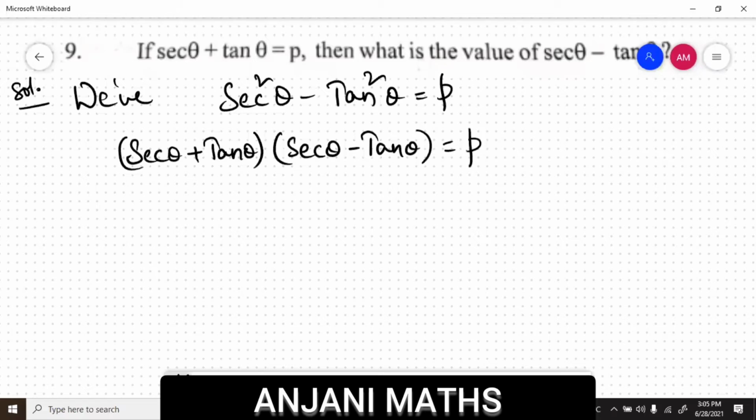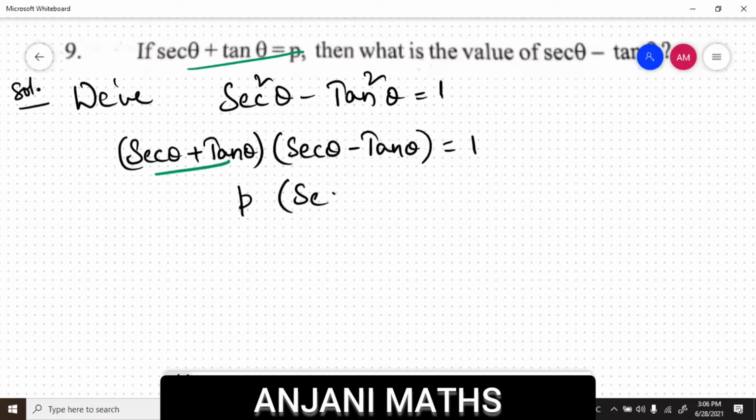So what they gave: secant theta plus tan theta is equal to p. That's given. Sorry, what is secant square theta minus tan square theta? It's 1. Why did I write p here? From the identity, we have secant square theta minus tan square theta is equal to 1. So we replace secant theta plus tan theta by p, which is given.